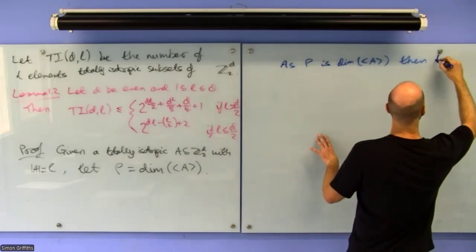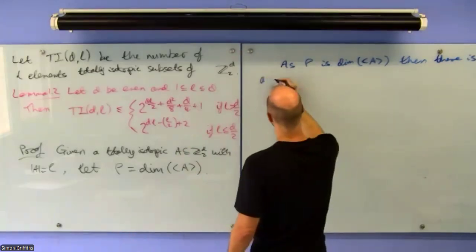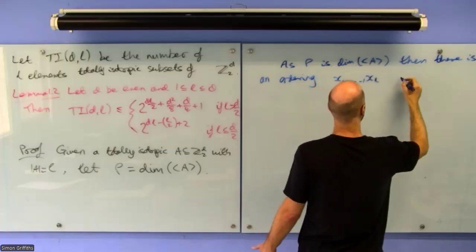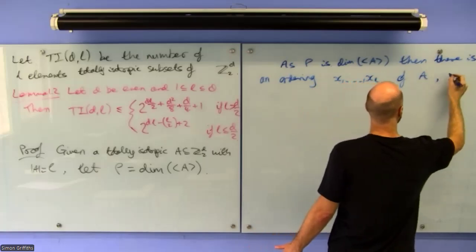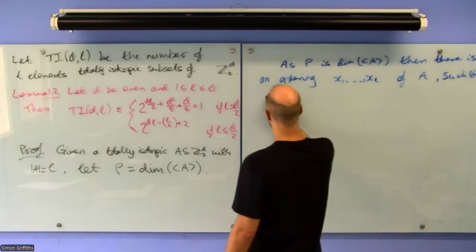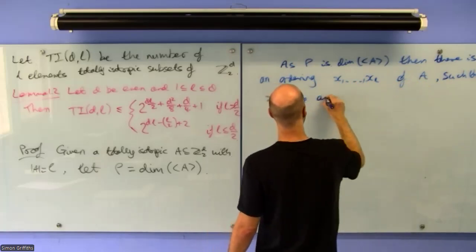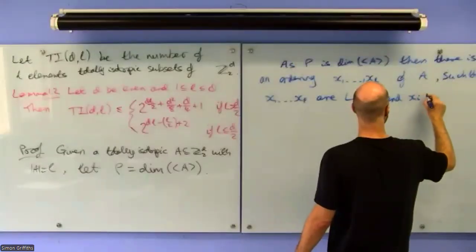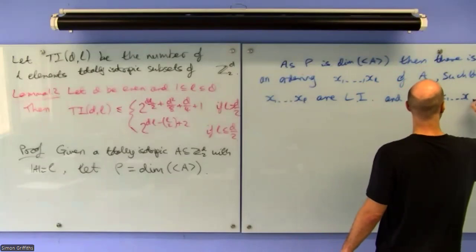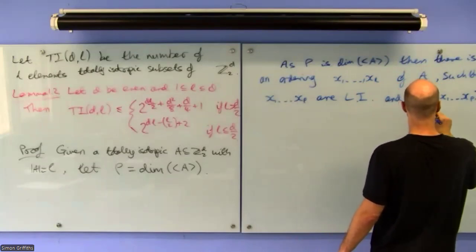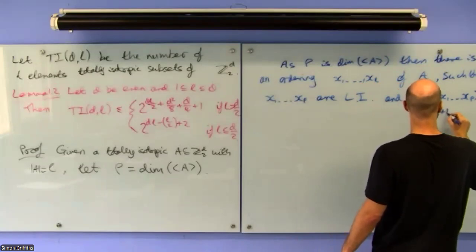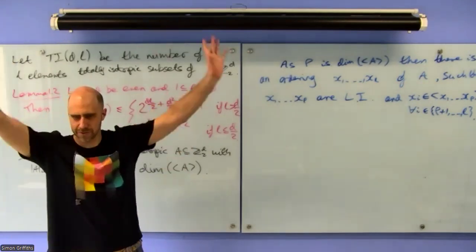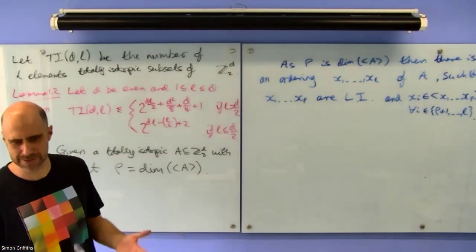So then there is an ordering x1 up to xL of the elements of A, such that x1 up to x rho are linearly independent, and xi is contained in the span of x1 up to x rho for all i from rho plus 1 up to L. So first you go along every time finding a new dimension, until at some point nothing else is linearly independent.